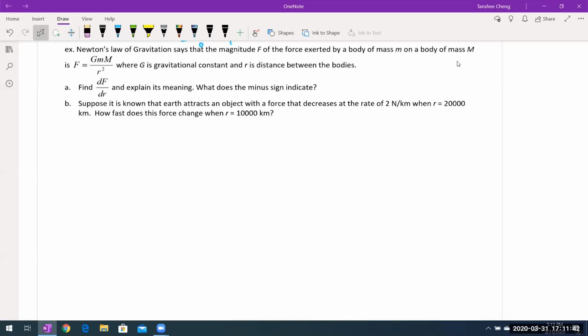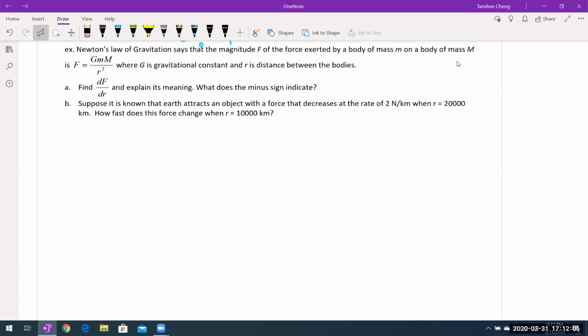So the only variable is the distance between these two objects. What if I take the derivative of this force function F with respect to the distance? What is that derivative function going to look like, and what does that mean? That's what we are interested in.